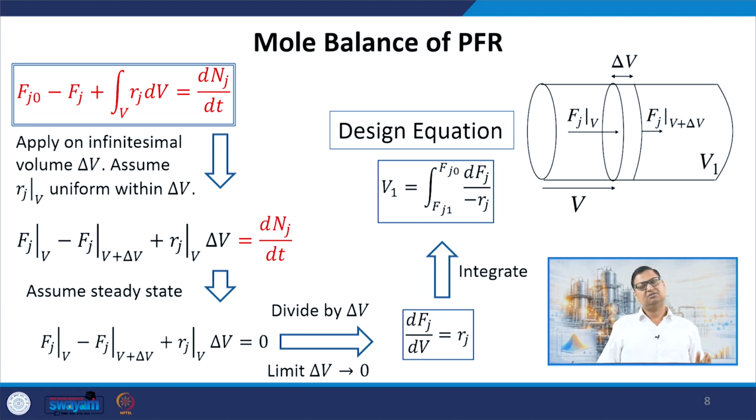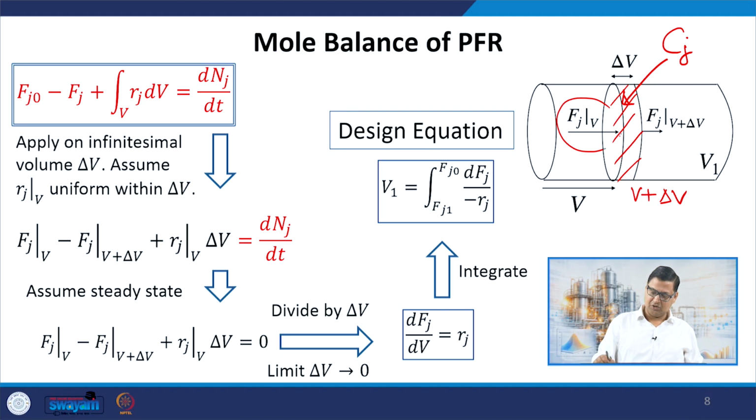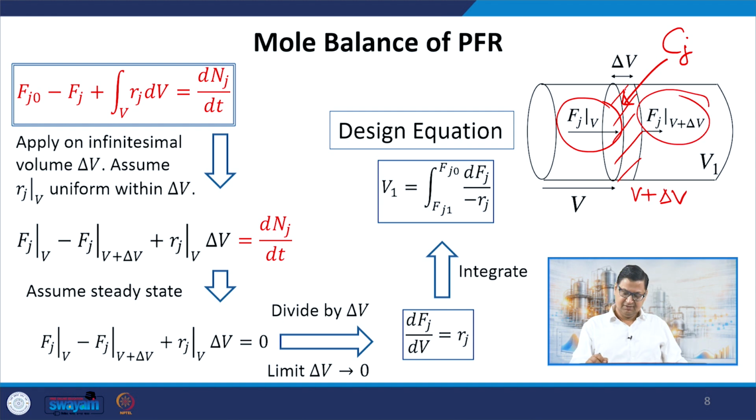In the plug flow reactor, as I said earlier, there is going to be a change in the concentration along the length of the reactor, and therefore, instead of applying the mole balance on the entire reactor, what we do instead is we apply the mole balance on an elemental volume between volume V to volume V plus delta V. And within that volume, again I can imagine that the concentration is constant, let me call it some Cj, and now we can define the incoming molar flow rate of species j from the left at V and outgoing Fj at V plus delta V, and then we have some reaction happening there.